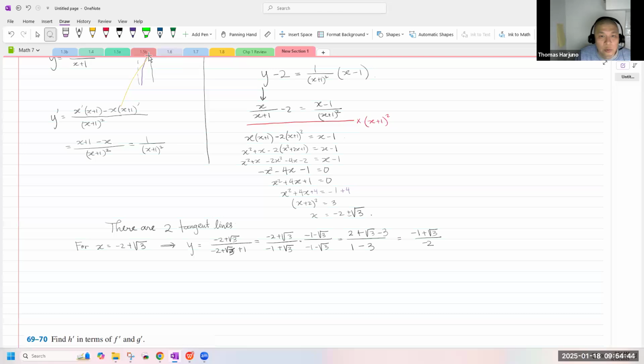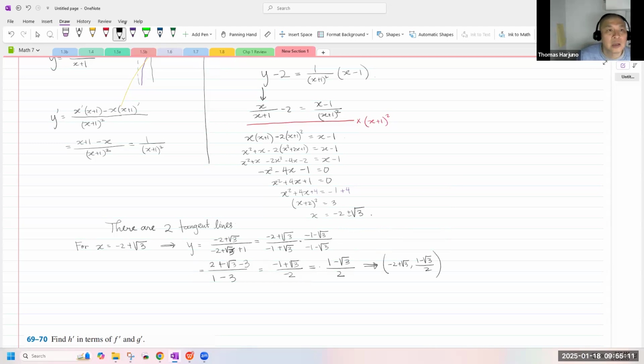Let me move this to the bottom. Which is 1 minus radical 3 over 2. I cancel the negative for each term. That then means the coordinate is negative 2 plus radical 3, comma, 1 minus radical 3 over 2.